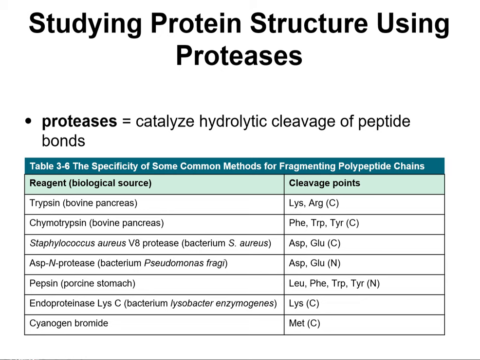And you can take that information and you can say, digest a protein with 2 or 3 or 5 different proteases, and use the overlapping sequences to help figure out the entire protein structure.